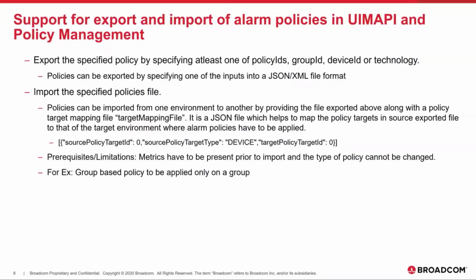In case of technology-based policies, the IDs would be the profile IDs. So a JSON file has to be provided in this particular format, which is an array list of each map. And then user will have to provide the policies file which he wants to import.